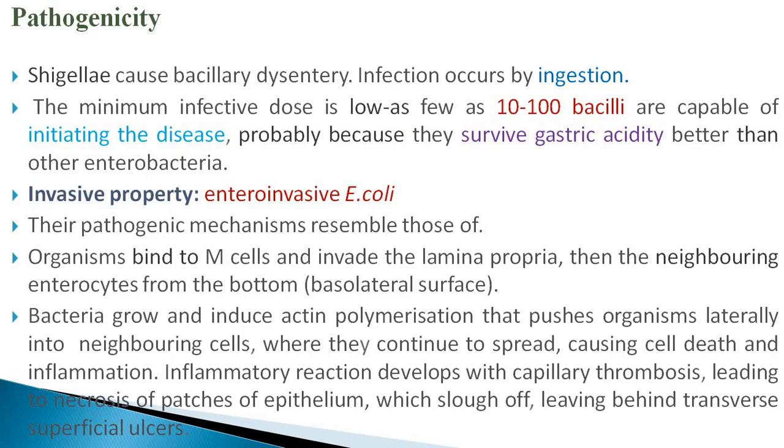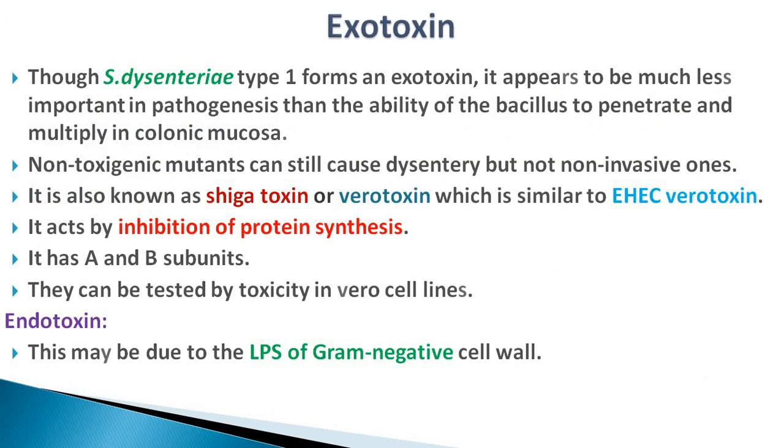Bacteria grow and induce actin polymerization that pushes the organism laterally into neighboring cells, where they continue to spread, causing cell death and inflammation. Inflammatory reactions develop with capillary thrombosis, leading to necrosis of patches of epithelium, leaving behind transverse superficial ulcers.